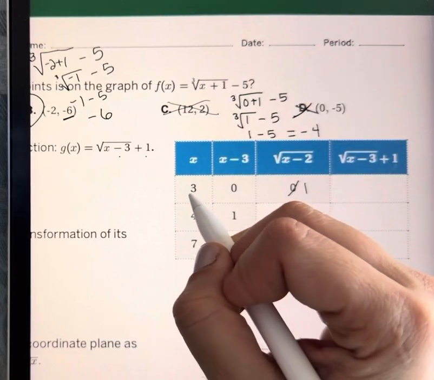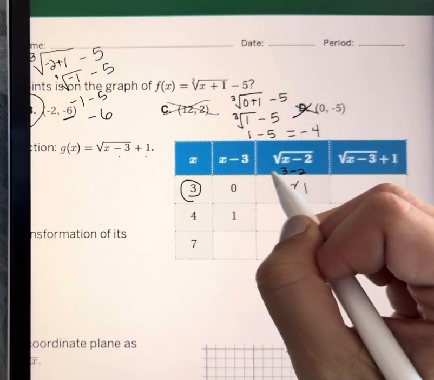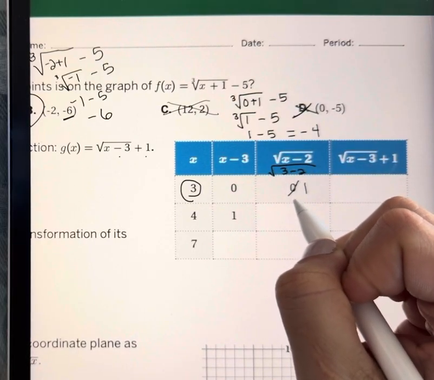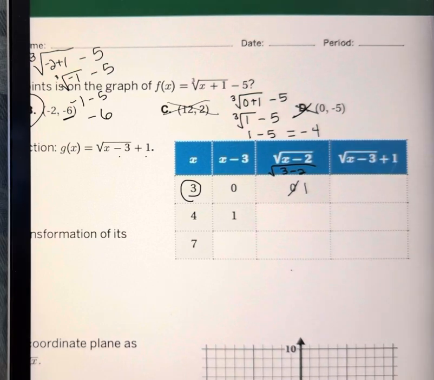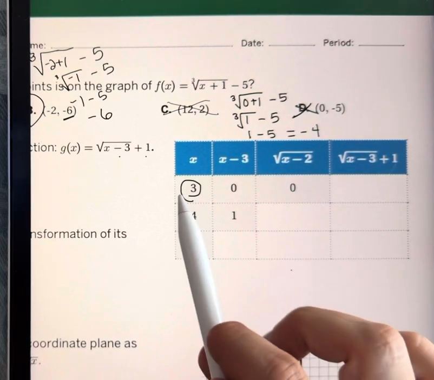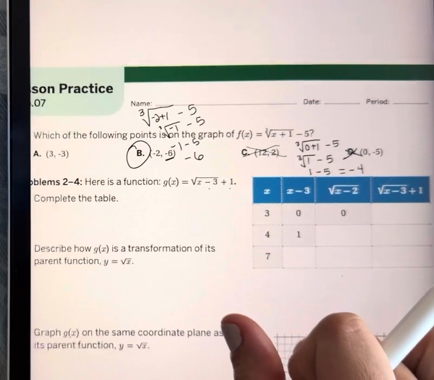Are they trying to say that if you were to plug 3 in for x right here, 3 minus 2, that the square root of 3 minus 2 would be 0? Is that what they're saying? Or am I not understanding their directions? Because if that's what they're saying, they are definitely high.